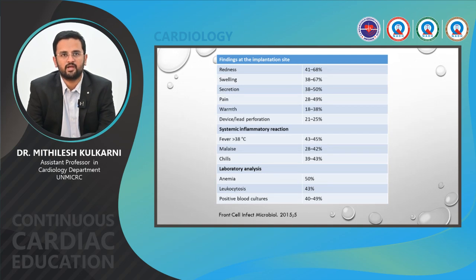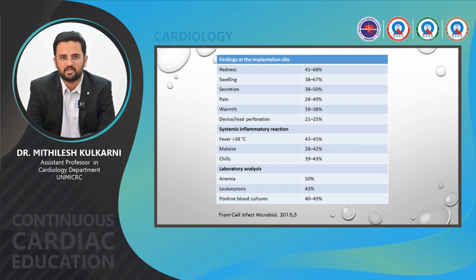Now coming to the findings at the implantation site, what are the local findings you can see at the site when a patient develops the pacemaker infection? Either the patient can develop redness, or swelling, or secretions, or pain, warmth, or device lead perforation. So it can be divided into local findings, systemic findings and lab findings.